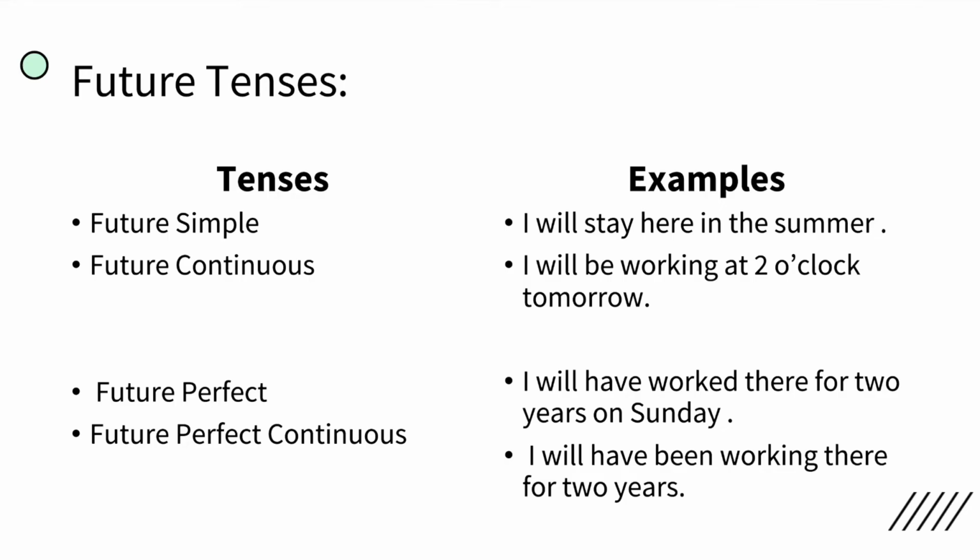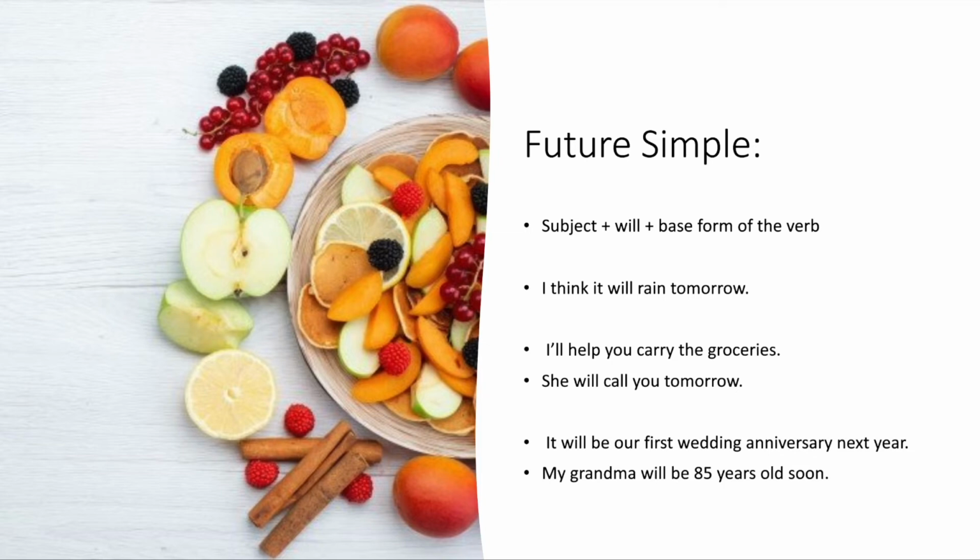Future simple. It's the easiest way to talk about the future. The structure is subject plus base form plus the verb. We can use this to talk about things that we think will happen in the future.